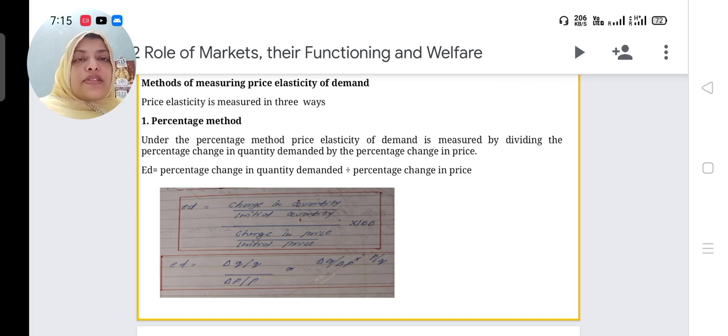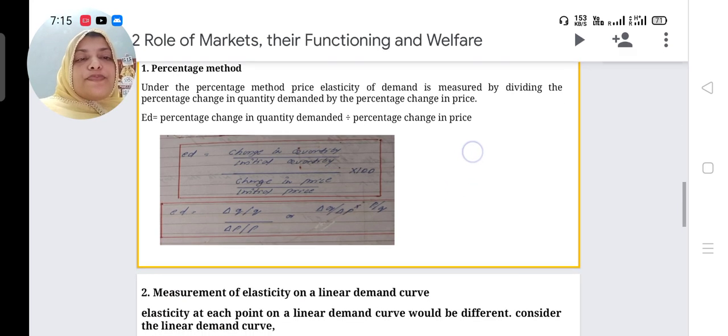Initial price means the price that already exists, that is multiplied by 100. So we can represent it as ED equal to delta. I have already told you delta means change, that is in triangle shape. Delta Q by Q divided by delta P by P, or delta Q divided by delta P into P by Q.